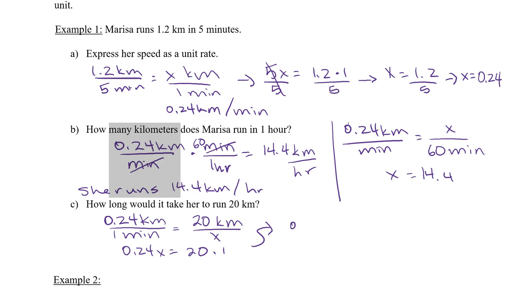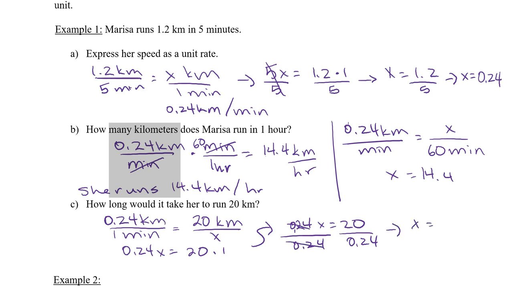So I've got 0.24 X is equal to 20. Divide both sides by 0.24, because again, I want just X by itself.